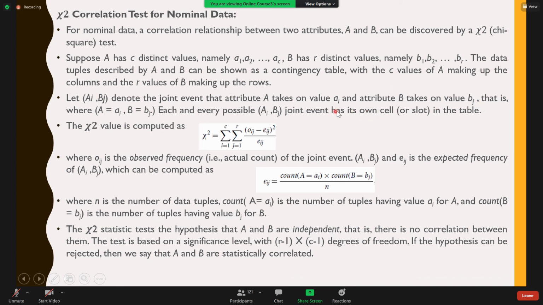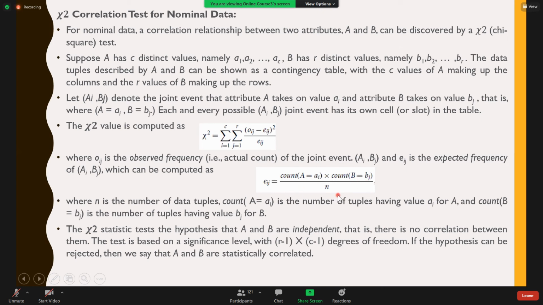Similarly, A1, B2 is male non-fiction. Similarly, A2, B1 and A2, B2, like that. We have 4 possible combinations, as we have R equal to 2 and C equal to 2. So this is the procedure for calculating the expected frequency. This depends on the count of each attribute value, their product divided by the total number of observations.